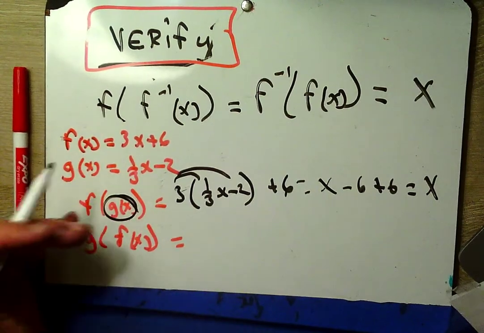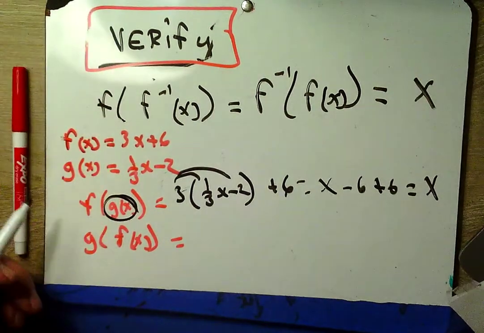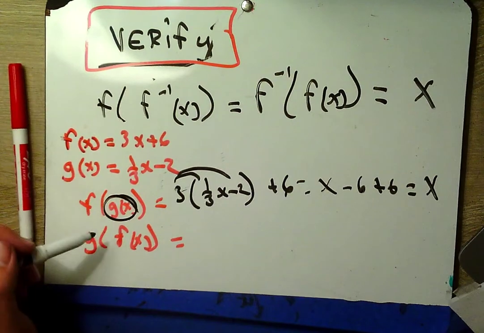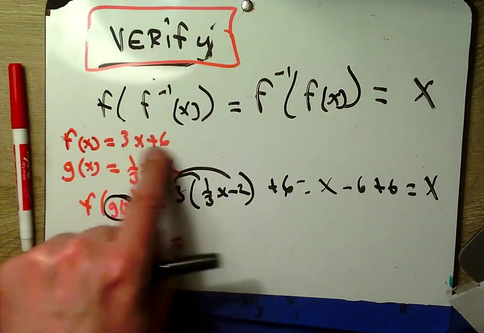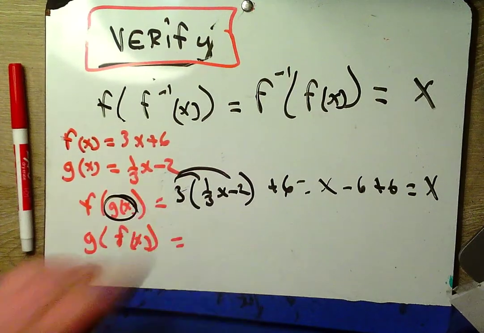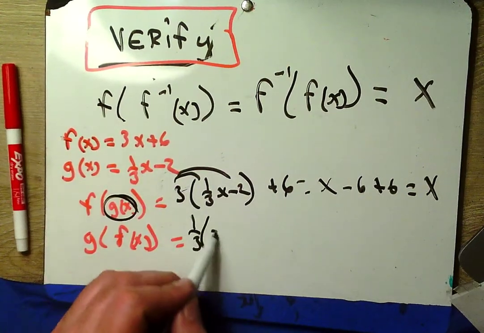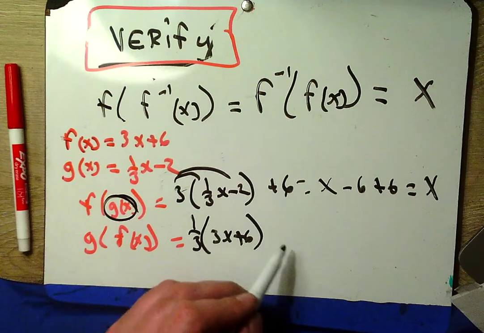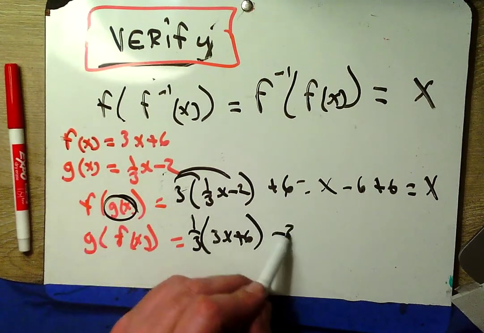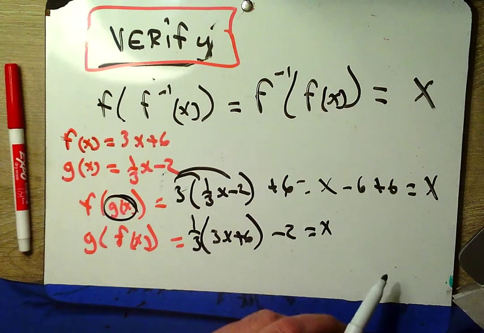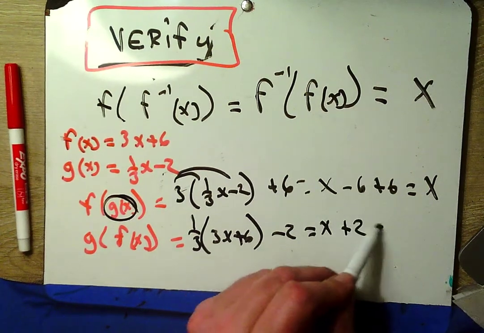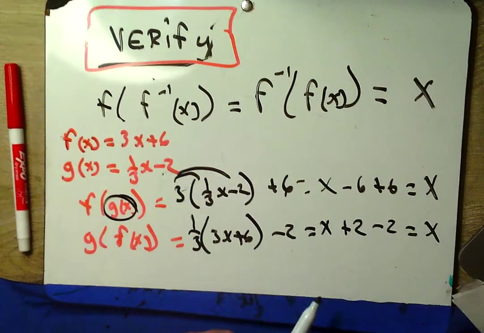That doesn't verify that these two functions are inverses. I have to do this one as well, where I take this f of x and plug it in there. Don't forget that one. I distribute, and I get x plus 2 minus 2, x. Ta-da!